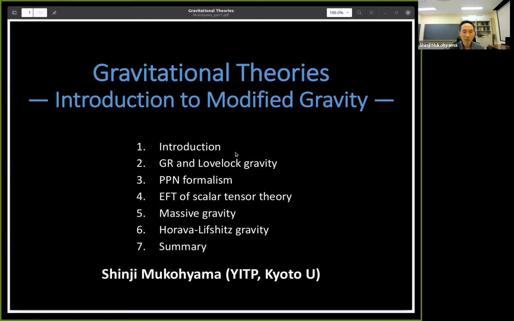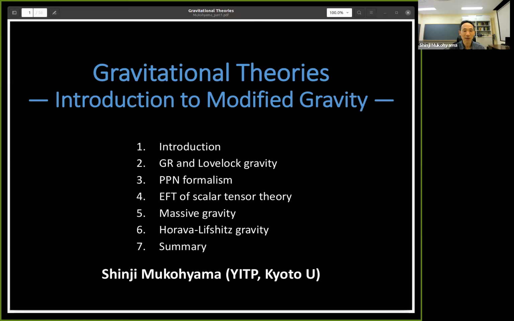So first, after a short introduction, I'd like to explain, of course, GR, because we want to modify GR, and without knowing GR it is impossible. So I'll explain GR, and then its extension to higher dimensions, which is called Lovelock gravity. And then the so-called parameterized post-Newtonian formalism.